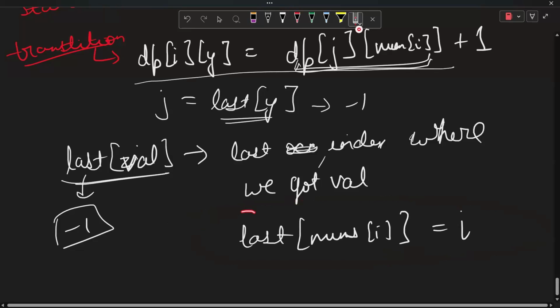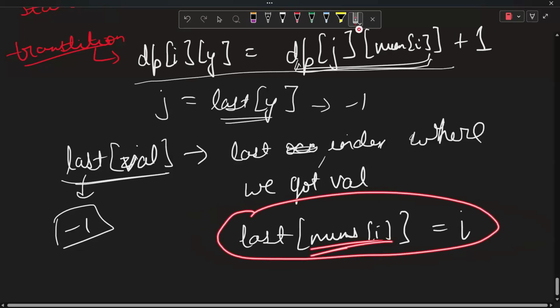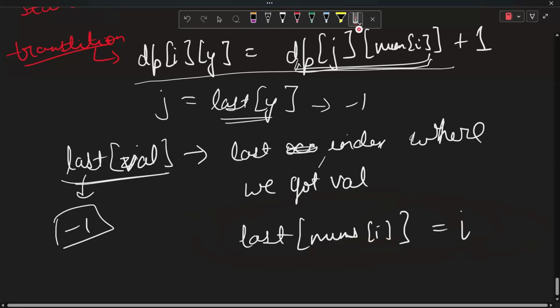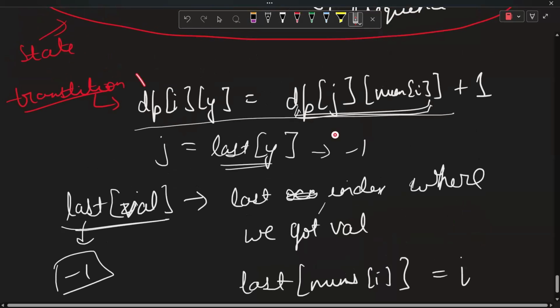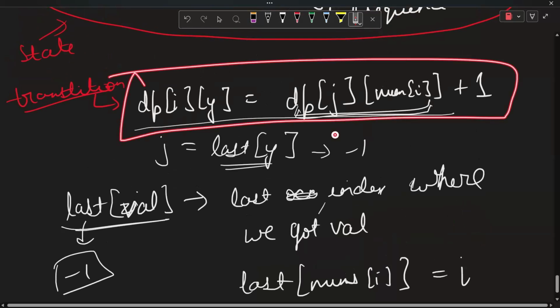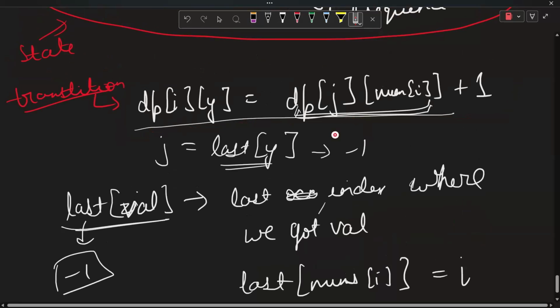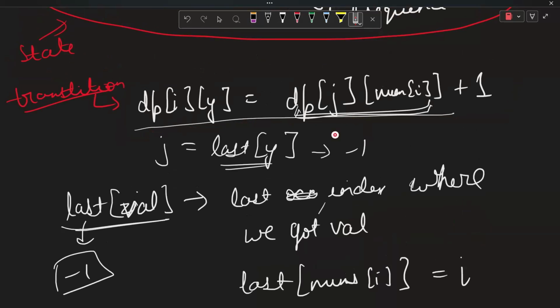After iterating through the ith index, we map that value to i, so that when we go to any index greater than i, we have stored that if we need nums[i] as a y, then we can get it from this map. So this way we can make the transition in O(1), and the whole time complexity would be O(n times k), and we can write our dp.